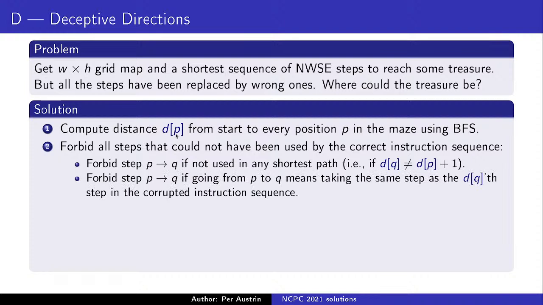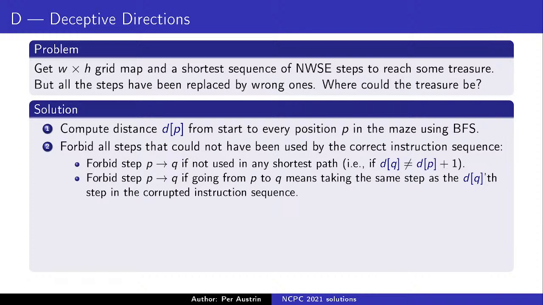The second thing we do is we forbid the step from P to Q if going from P to Q would mean taking the same kind of step as the d of Q-th step in this corrupted instruction sequence. For instance, if the very first step of the sequence we get was a north, then we could not possibly take a north step from the starting point.